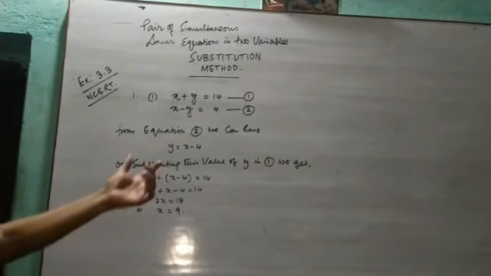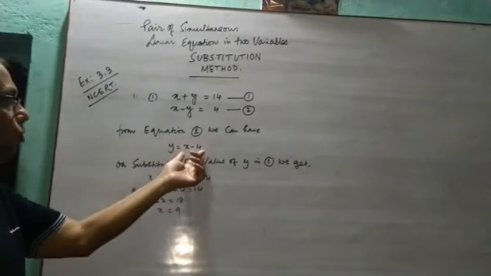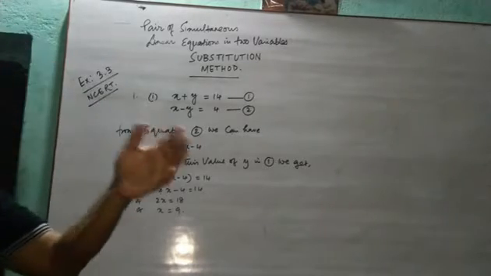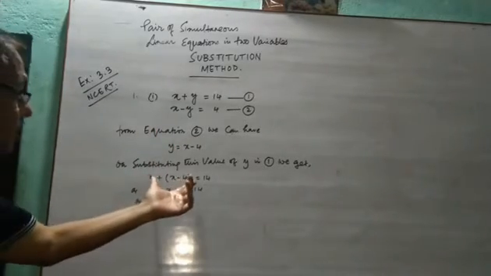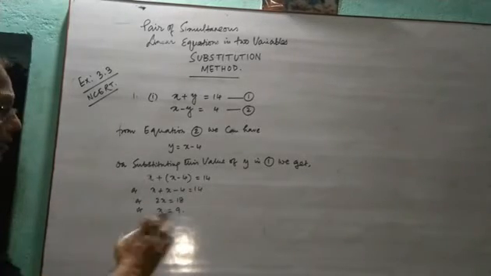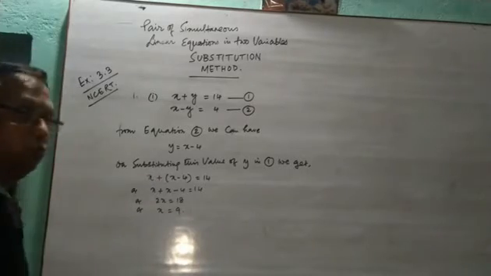So once you substitute the value of y equals x minus 4 in equation number 1, it converts into an equation of one variable, and it can easily be solved by the method of transposition, and we are getting x equals 9.